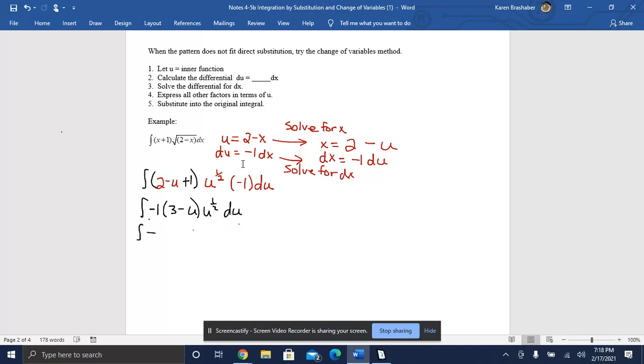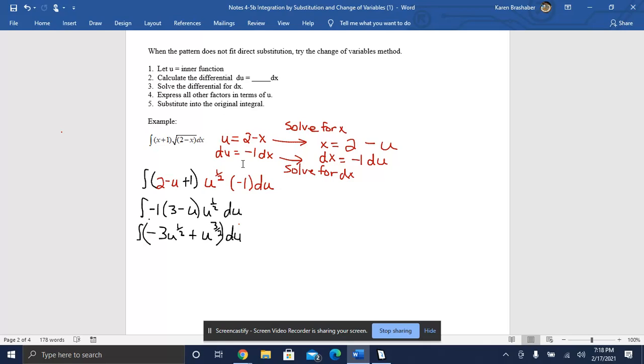That would give me -3 u to the 1/2, and then -1 u to the 1/2 times -u would give me a positive u, and I can add my exponents and get 3/2 and then du.